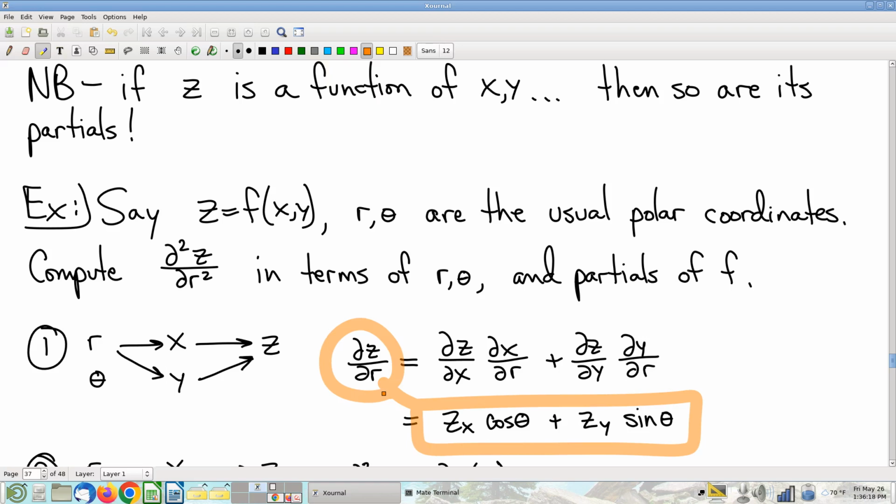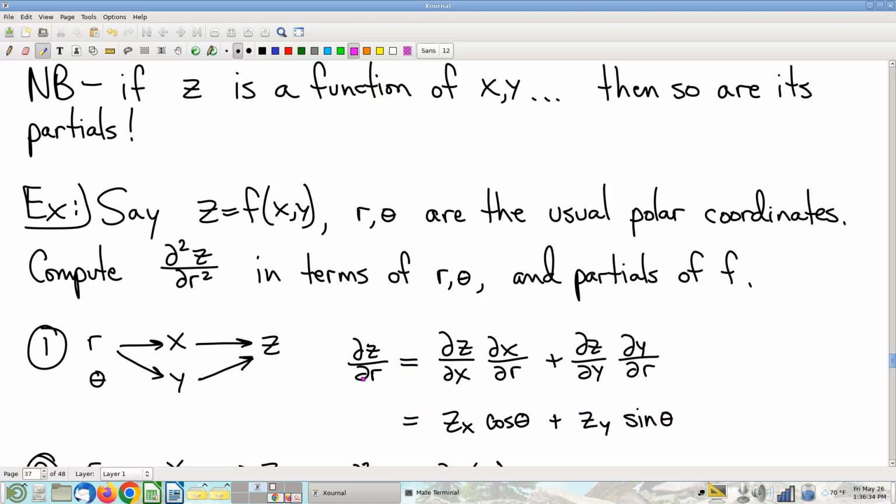All right, now let's look at the question that was actually asked. The question was to compute the second partial of z with respect to r. Right, yes? Something I'm confused about is it looks from the diagram, you're taking r, and you're splitting it into its components of x and y. That's not the intention of the diagram.